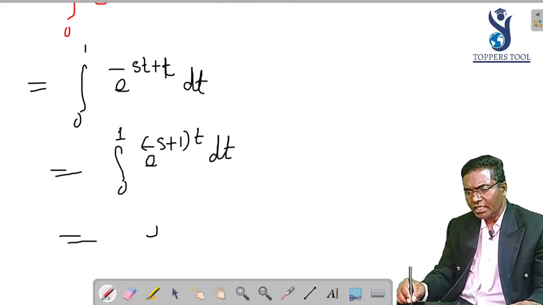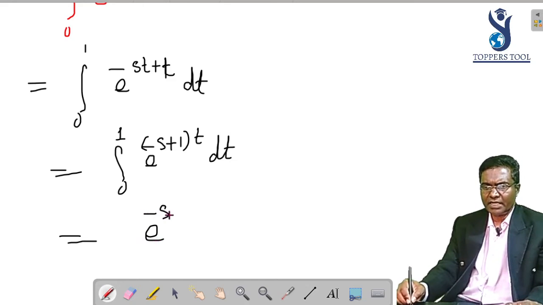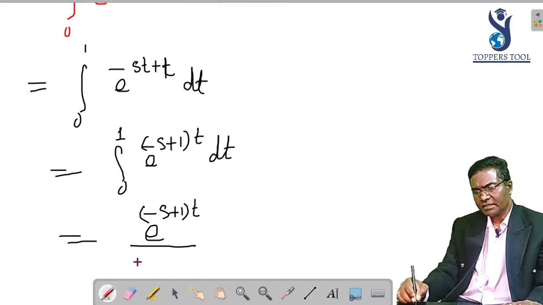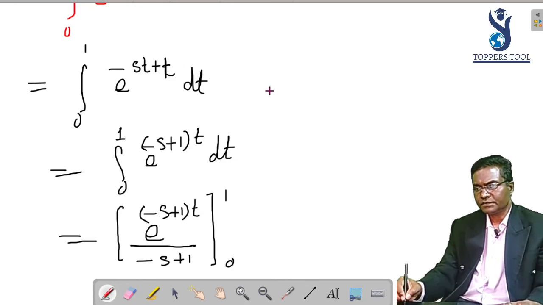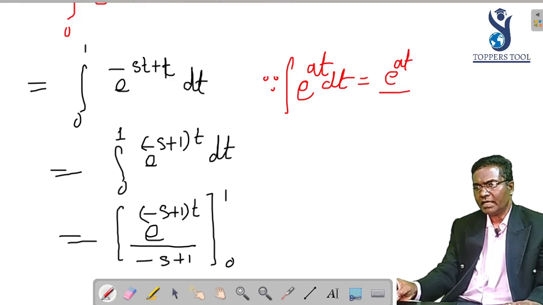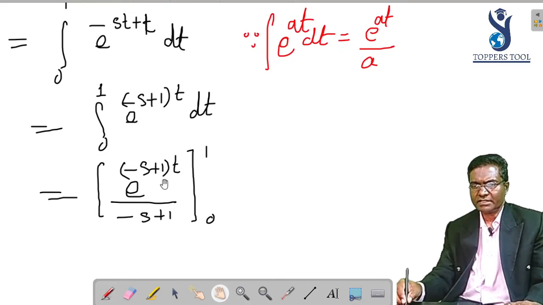As we know, the integration of e power at is e power at by a. So it is e power minus (s plus 1) t by minus (s plus 1), from 0 to 1. Remember this: integration of e power at with respect to t is e power at by a. Here a stands for minus (s plus 1).